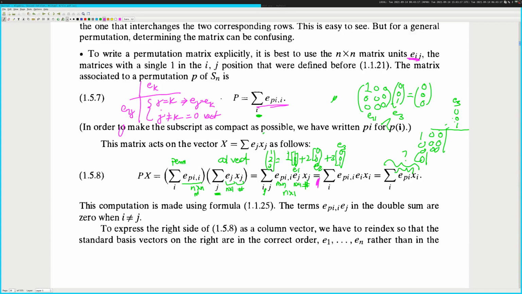Okay? That's why you can delete the j's and only sum over i: switch this index right here from a j to an i, and this index from a j to an i. Okay, well then E_{P(i),i} E_i, no, this over here, my mistake, this will equal E_i.